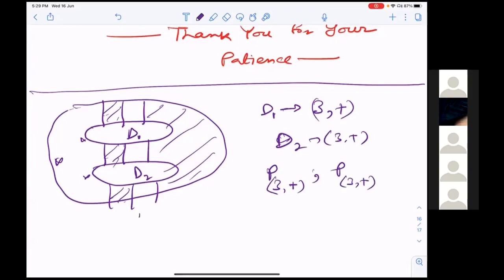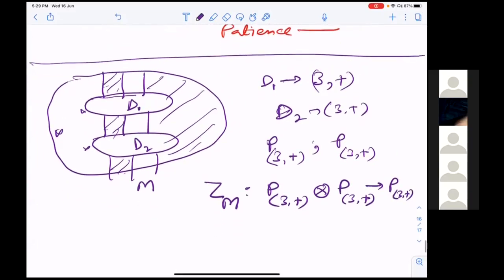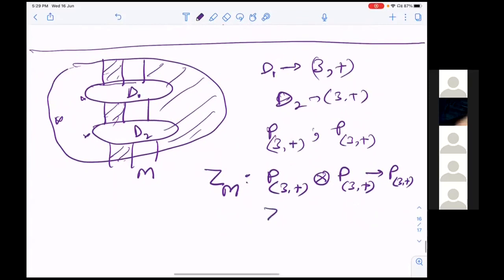So given this tangle M, we can describe a linear map from P_{3,+} for the first disk, tensor P_{3,+} for the second disk, and this will go to the color of the external disk, which is also 3 plus. So if you put X and Y, Z_M of X tensor Y, you will get something, some W.